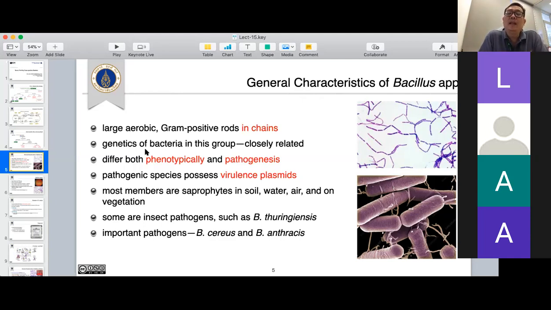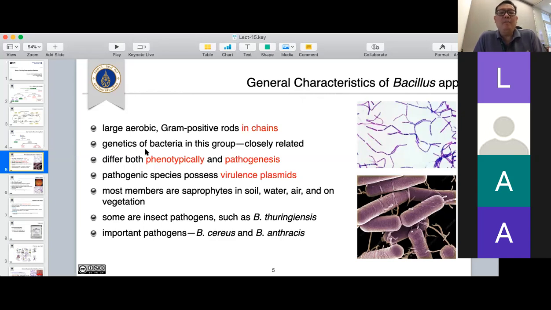Saprophyte means they grow on dead animal, dead plant, okay? So they can be found everywhere: the soil, the water, in air, on the plantation area, agricultural areas that contain a lot of Bacillus.